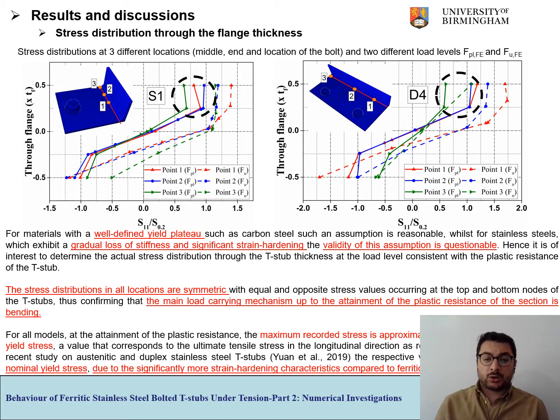For all models, at the attainment of the plastic resistance, the maximum recorded stress is approximately 25% larger than the yield stress. This value was found to be as much as 2 times bigger in the recent study by Yuan et al. for austenitic and duplex stainless steel, which is related to the higher strain hardening characteristic when compared to ferritic stainless steel.